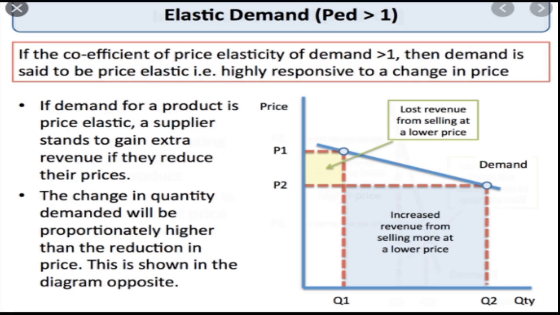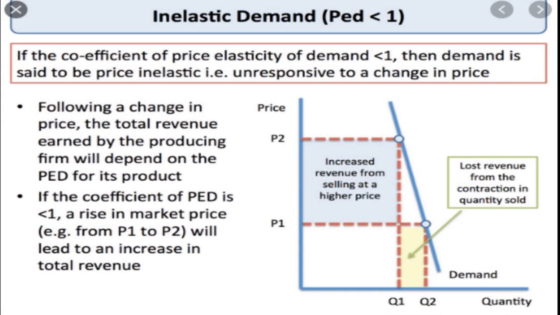But in case of inelastic demand or relatively less elastic demand, the demand curve is steeper. The demand curve here is also downward sloping, but it is steeper in comparison to the demand curve of relatively more elastic demand. Now we want to know what is inelastic demand.